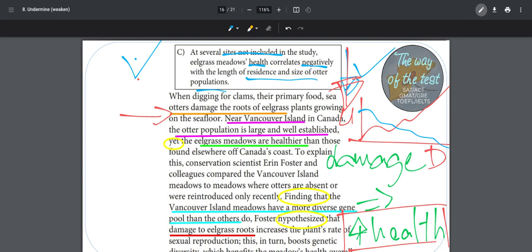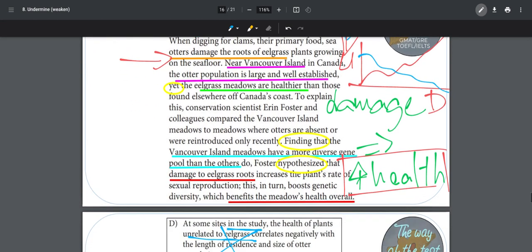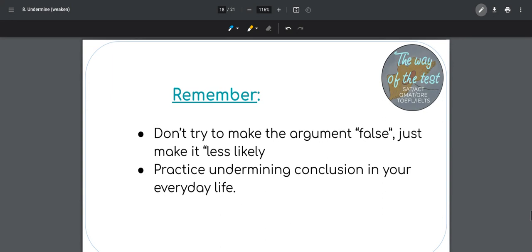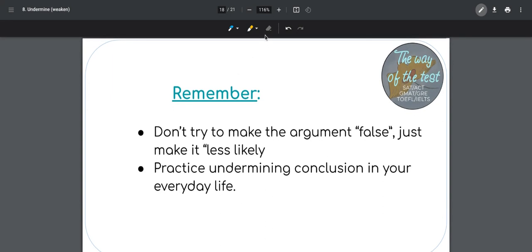I have analyzed it, but if you notice, the way in which I eliminated the other options was a more superficial way. I just care about whether they're talking about the same topics or giving me the same items as I have in my conclusion, in my argument. And this is the way in which we're going to do the undermine question. Now, remember, we don't really try to make it false. We just try to make it less likely.